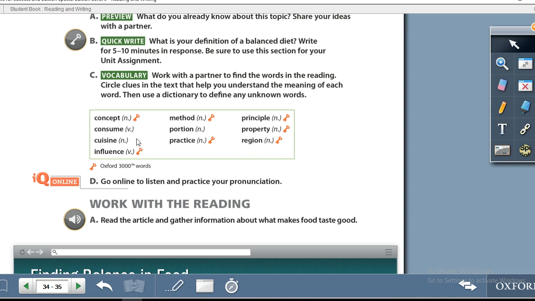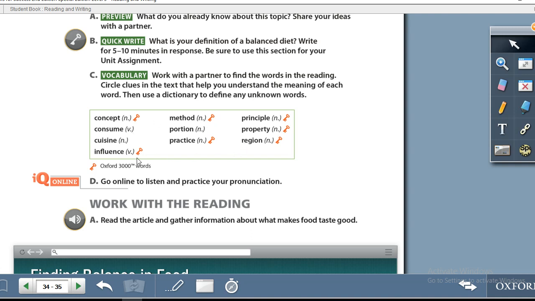So as you can see, next to each one of these words, they have even told you what type of word it is. For example, the first one, concept, is a noun. They have written an N in brackets, which indicates noun. The next one, consume, is a verb. So in brackets, they have put a V to tell you that it is a verb, right?